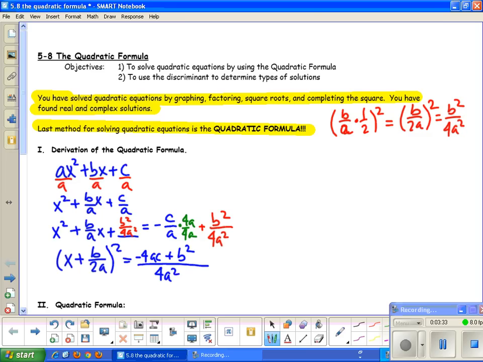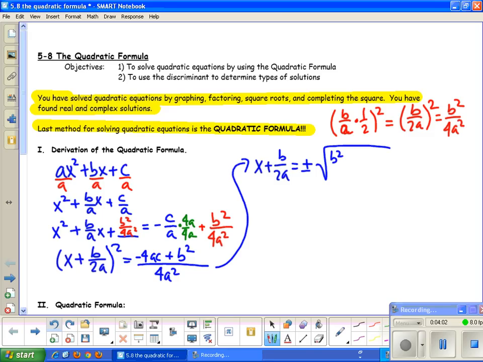Now I have it as one fraction, so the next step is that we want to solve for x, so I want to get rid of that power of 2 right here. To get rid of that power of 2, I want to take the square root of both sides, and don't forget your plus or minus. So I get x plus b over 2a, and I'm going to take the square root, so plus or minus the square root. I'm going to rewrite this equation and write the b squared first, and put it in order.